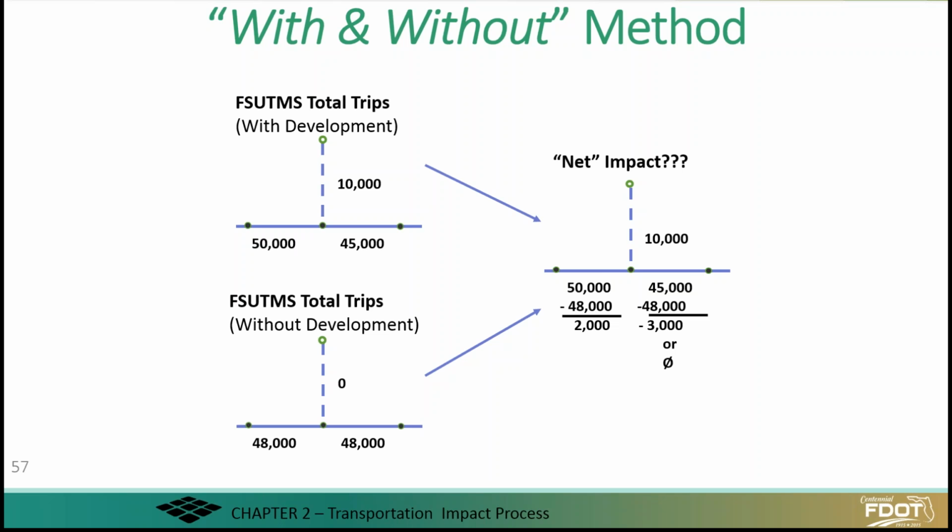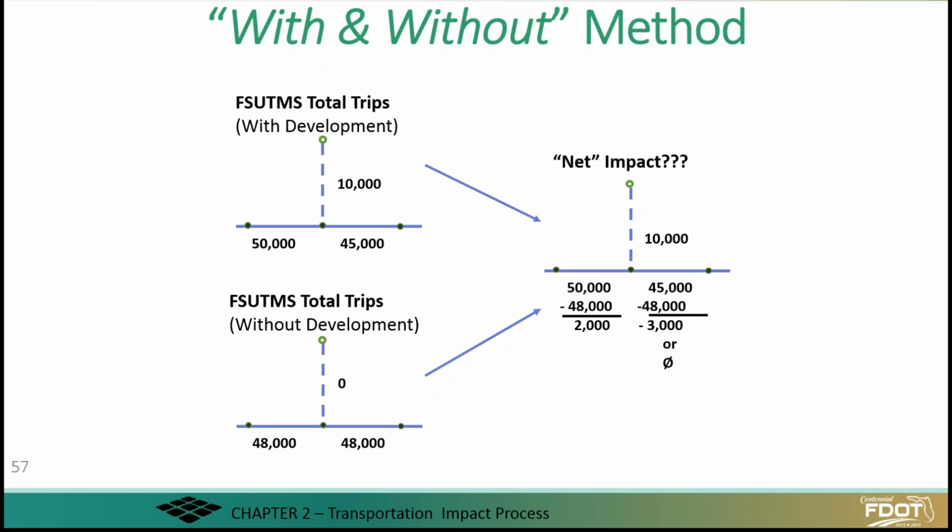So that includes not just the trips from the development, but also the trips that are already occurring from other projects, developments, or just existing development in the network. And then the second scenario without the development, so 0 trips are being added onto the network, and so you get 48,000 trips in each direction. Those are just all traveling through there, not being affected from the development.